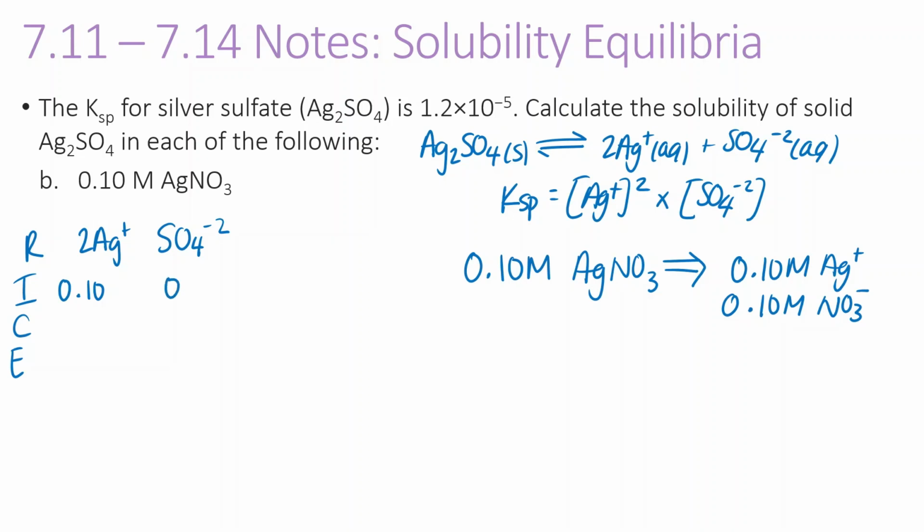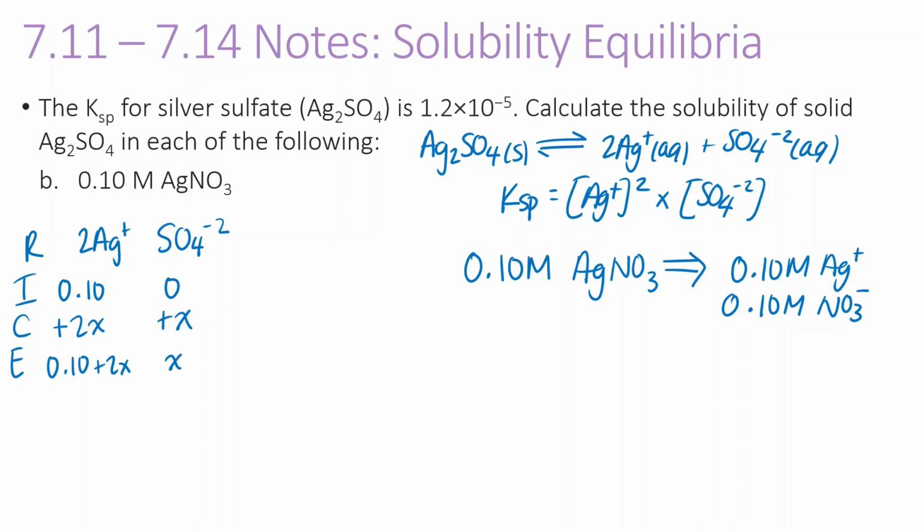And I don't have any sulfate. So I'm still going to have a change here. I'm going to gain 2x here, and I'm going to gain x here. We know that we have to gain on the product side because there's no sulfate. So at equilibrium, my expression here is going to be 0.10 plus 2x, and then we also have x.